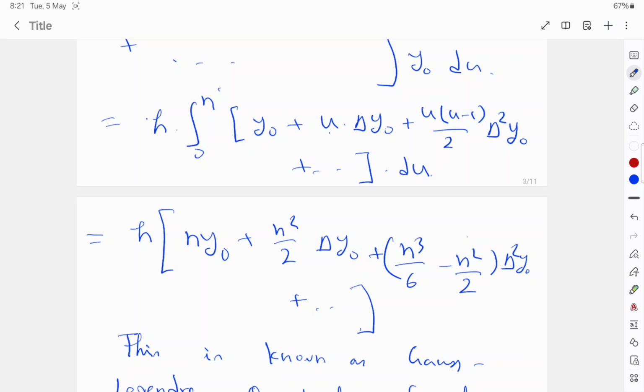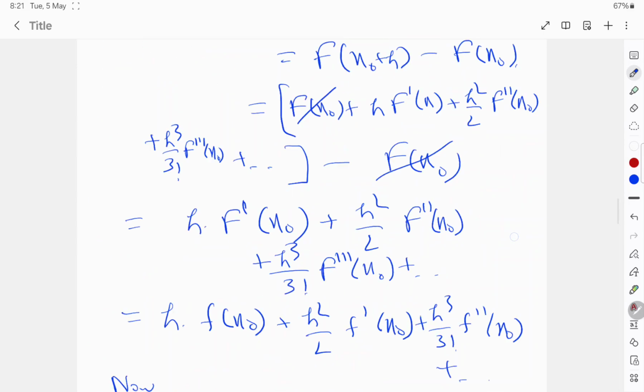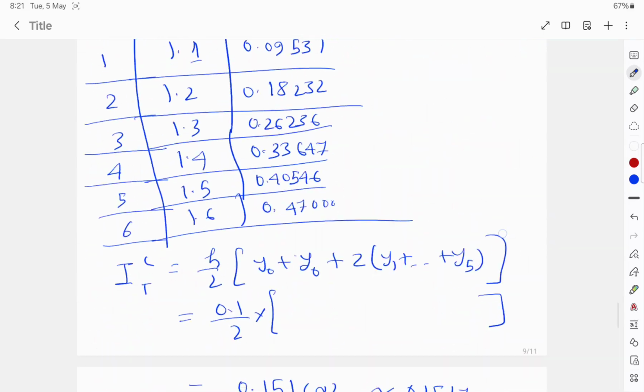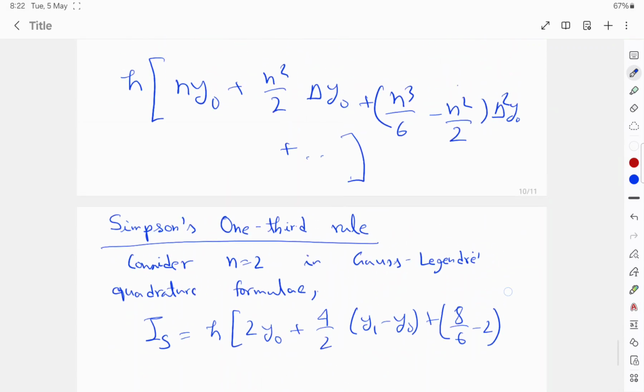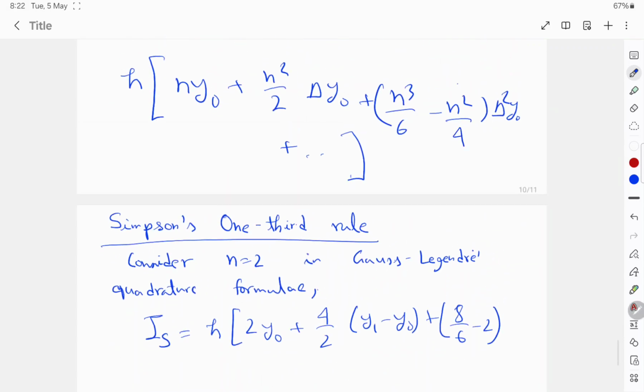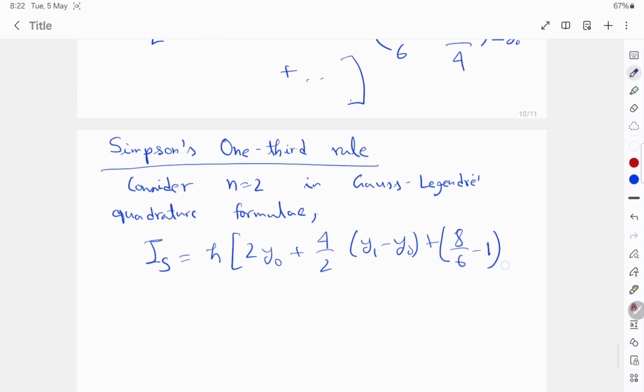Sorry, there is a mistake. Basically here you see this is u/2. If you do the integration of that, you will get u squared by 4. That's why this will be 4. So this term is actually u squared by 4. There was some calculation mistake. Anyway, this is actually 4, so this will become 1 into delta square y0.